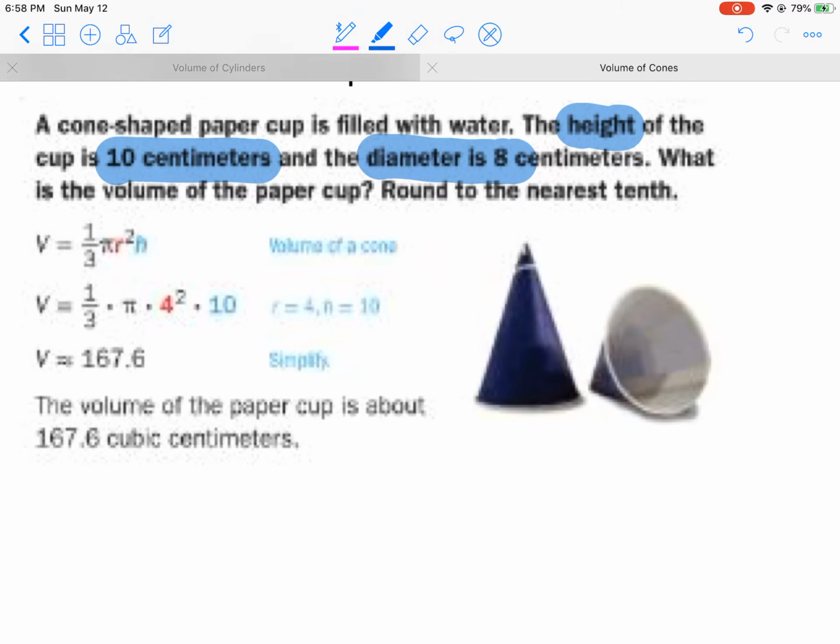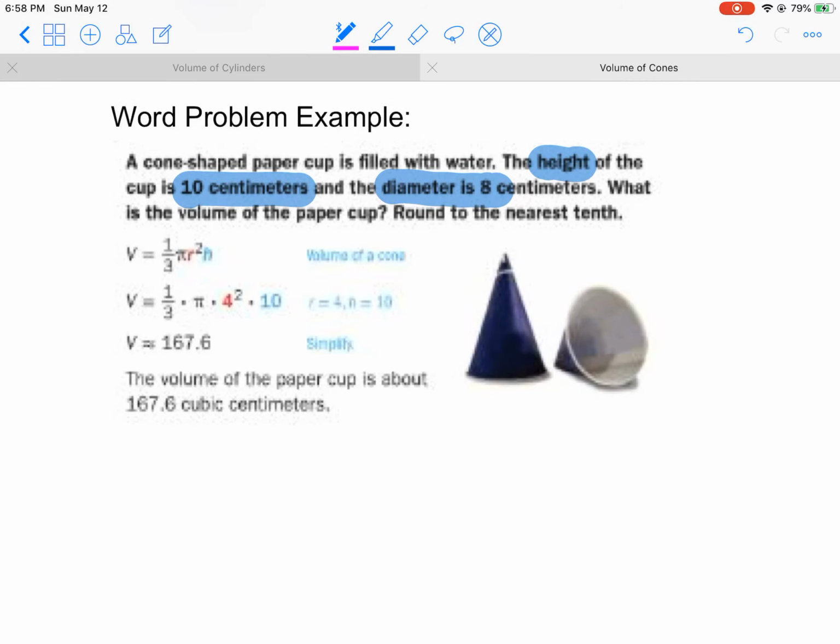You've got the example right here too, but I'm just going to do it for you because it's sometimes better if you can see it. 1/3 times pi, 3.14, times a height of 10, and times radius squared. Radius is going to be equal to 4 if the diameter is 8, so that would be 16.